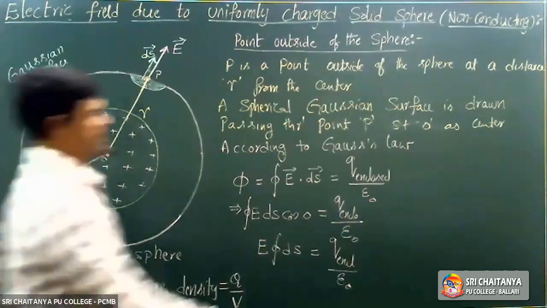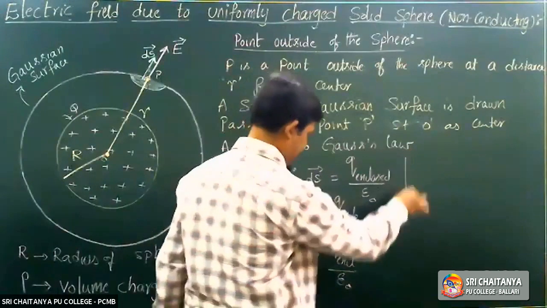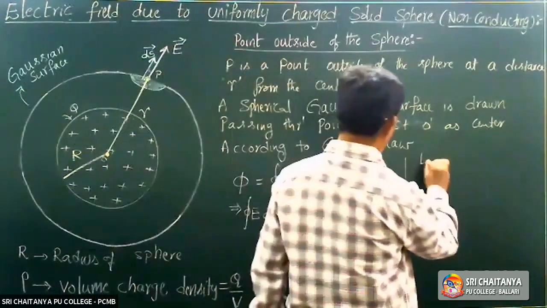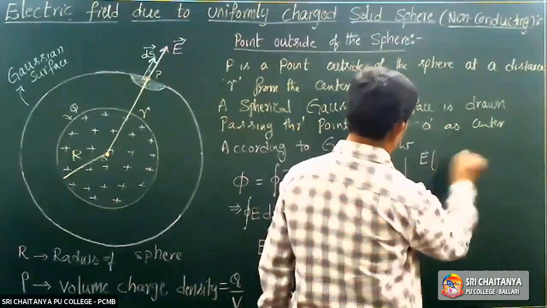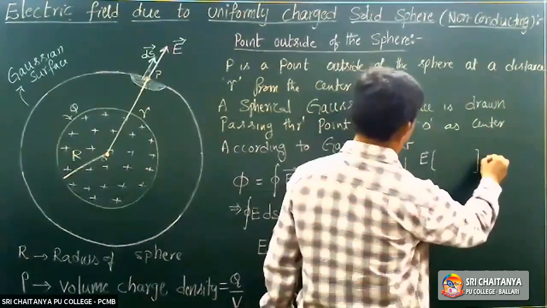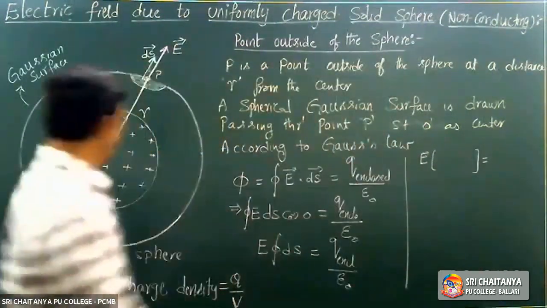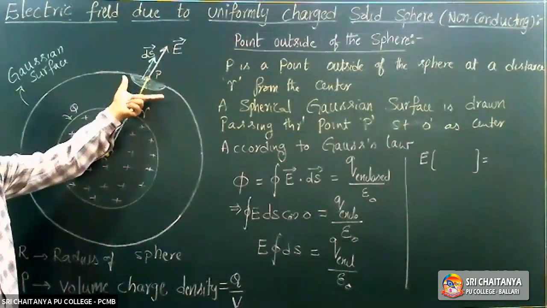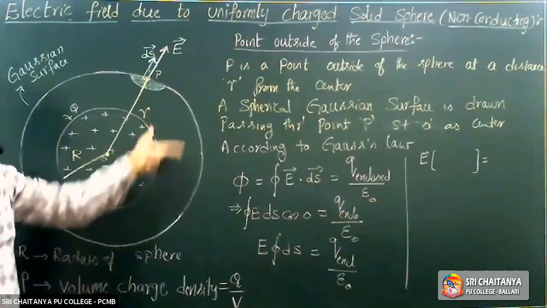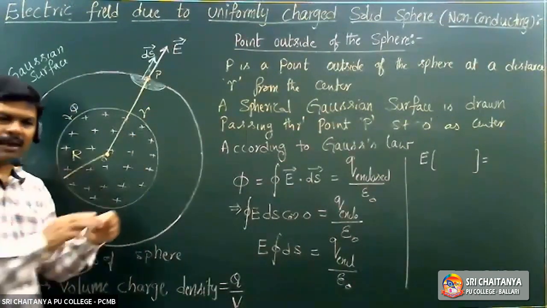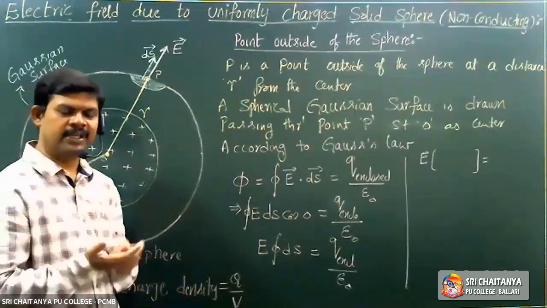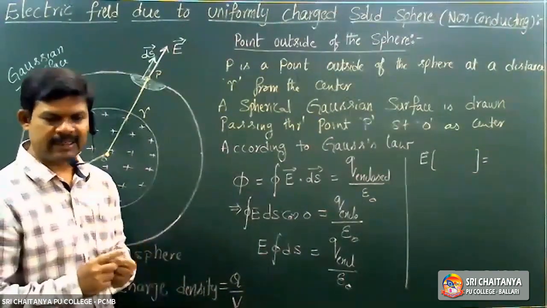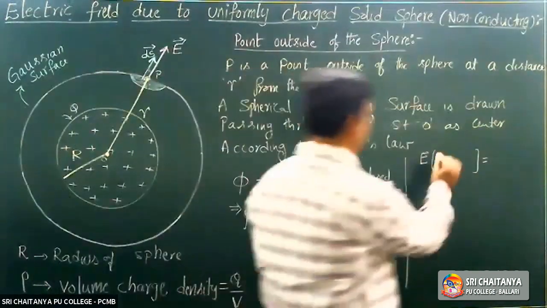Integral of ds means adding all the surface elements of this Gaussian sphere, which gives the surface area of the Gaussian sphere.